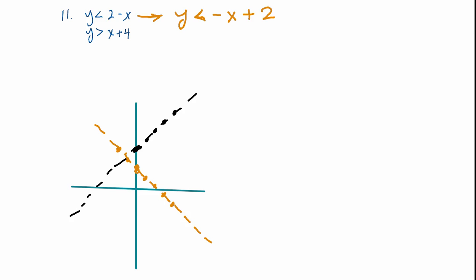Okay, I like to get my lines on there before I shade. Let's do our shading. Back to that first equation. All the y's less than the boundary line is going to be everything down here. Let's do this test point 0, 0.